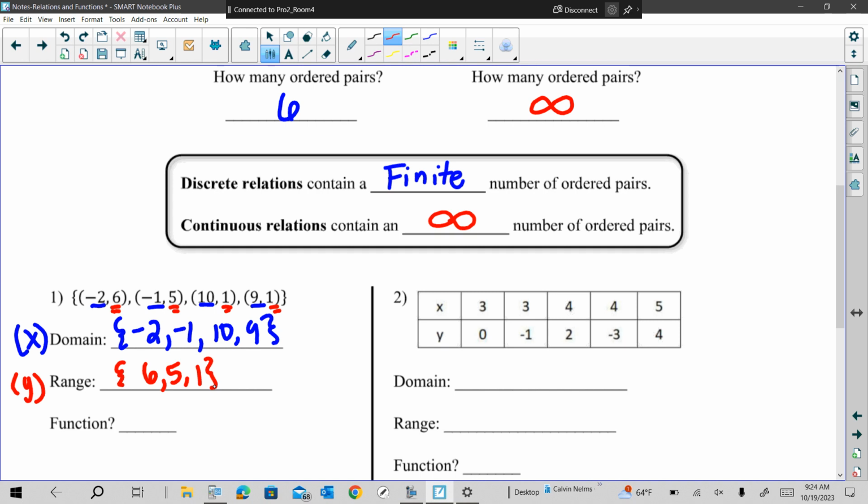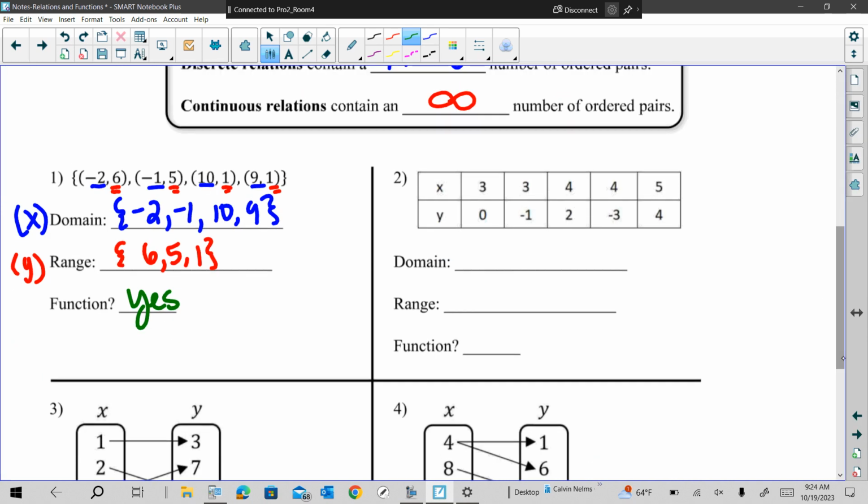If what repeats? Yeah. Do any values in the domain repeat? So that means yes, guys, it's a function. No x repeats. Okay? So just add that. It's yes because no x repeats.